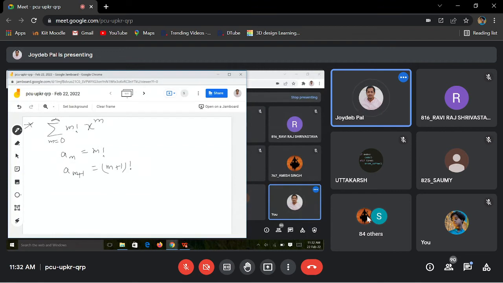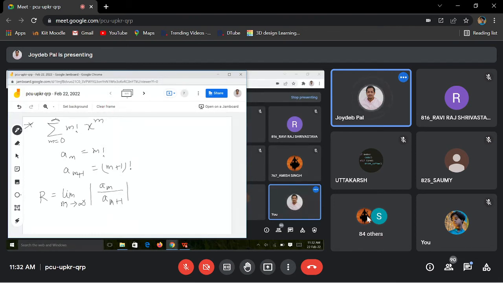Now I'm using the second formula: R is the limit as m tends to infinity of modulus of a_m by a_(m+1).